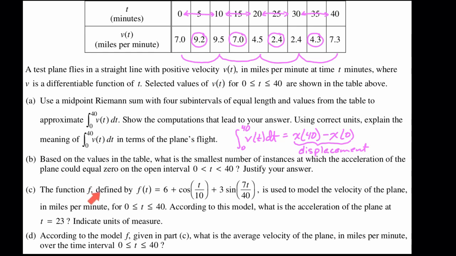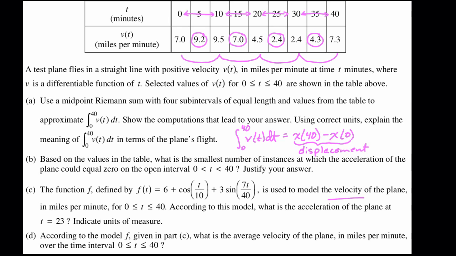All right, so the next problem here, this is our function. This is used to model the velocity of the plane in miles per minute. According to this model, what is the acceleration of the plane at t equals 23? Acceleration is the derivative of velocity, and this is the velocity here.